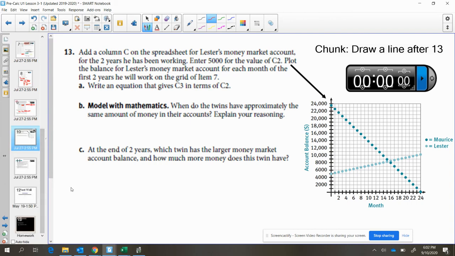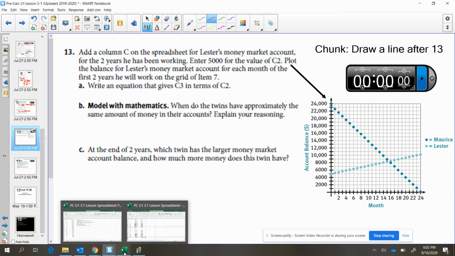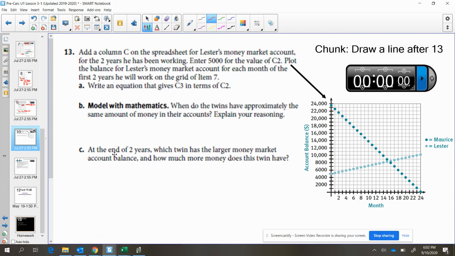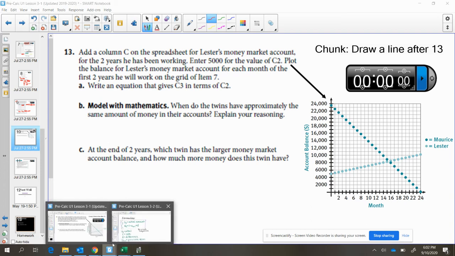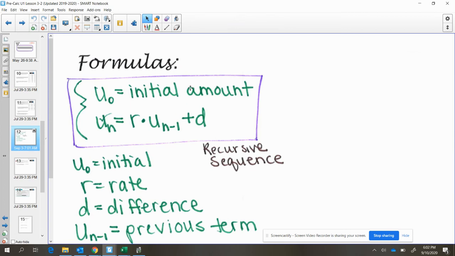Well, how does this connect to our lovely arithmetic and geometric things is kind of the next piece of this. And what we're going to see here is when we express things recursively, yes, we want to always take into account two things. What is your starting amount and what is then the pattern?